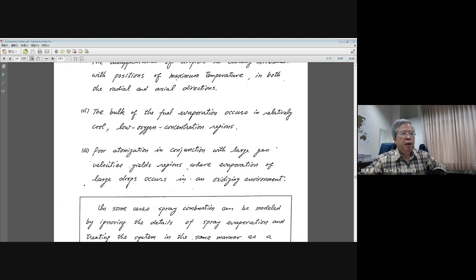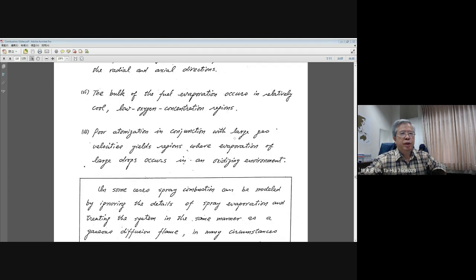Poor atomization in conjunction with large gas velocity shear regions, where evaporation of large droplets occurs in an oxidizer environment. This is a final comment to let you understand that if you have poor atomization, it means the droplet size in certain regions is too big.